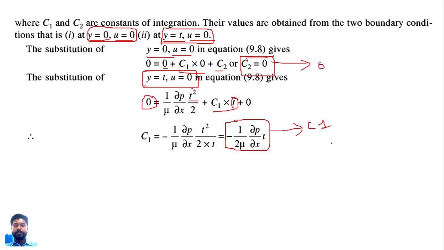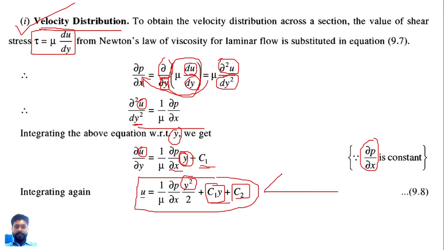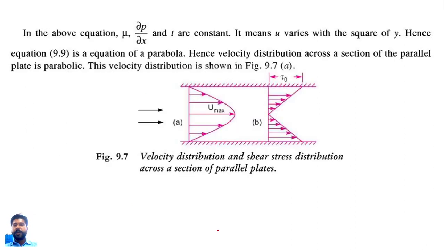So we have two values of constants, and we substitute these two values in equation 9.8. By putting the values of constants c1 and c2, we get a final equation, that is the velocity distribution for parallel plates: u equals negative of 1 upon 2 mu, del p upon del x, into (ty minus y square).